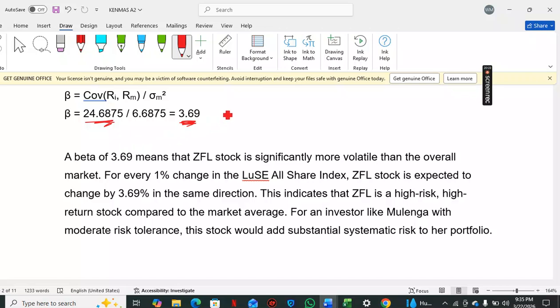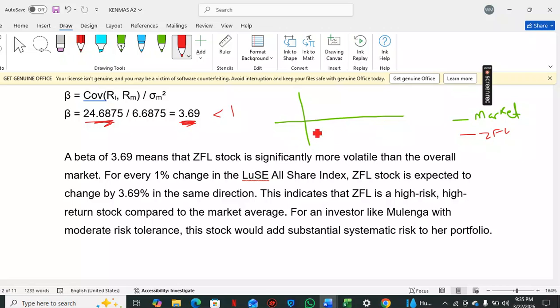So this beta is greater than the market. The market beta is 1. To put this in context, what a beta of 3.69 means: the green line is the market, the red line is ZFL.